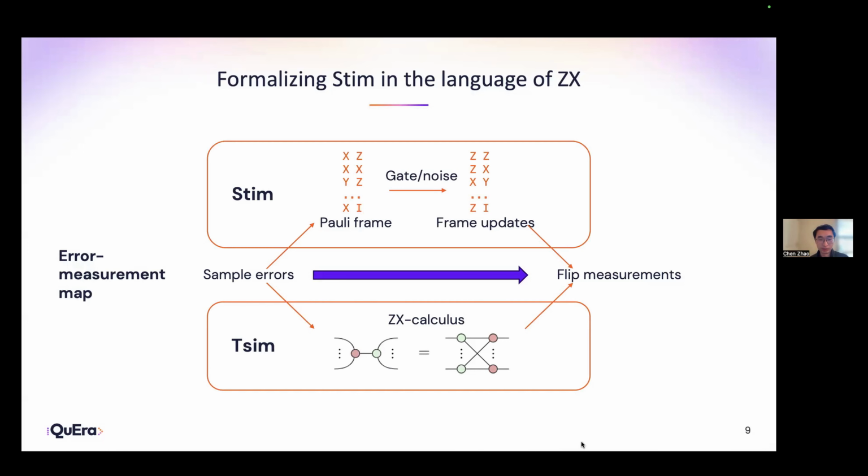And then by sampling the error, we directly know the measurement results flipped by these errors. In STIM, we support Clifford and Pauli errors only. And in tsim, we can support more general errors, including non-Clifford gates or even coherent errors.